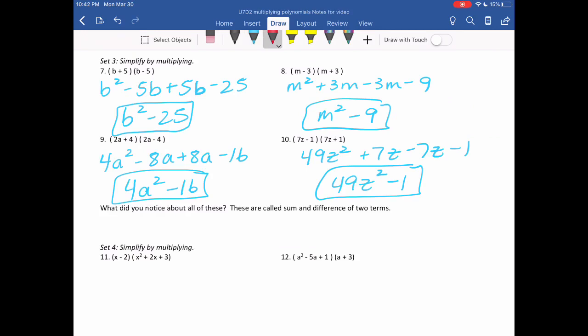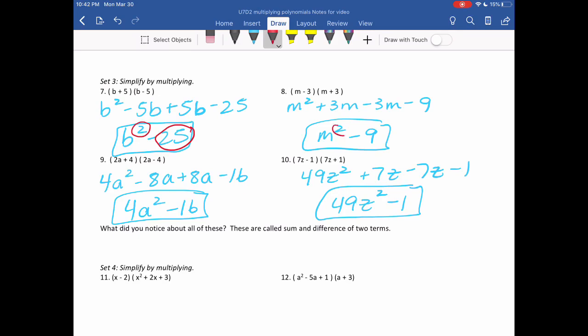You're going to notice that for each of these binomials, these circled answers, I have b squared minus 25. 25 is a perfect square, right? I have m squared minus 9. 9 is a perfect square. 4 is a perfect square. 16 is a perfect square. 49, 1. They're all perfect squares. Do you notice that? A squared, z squared. So all of these terms are perfect squares.